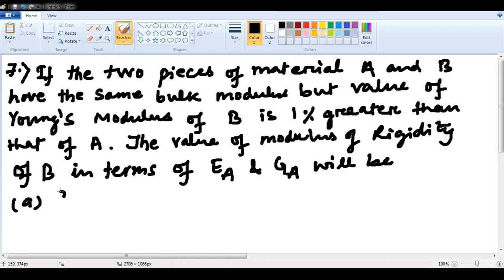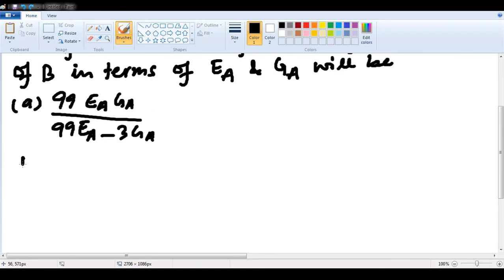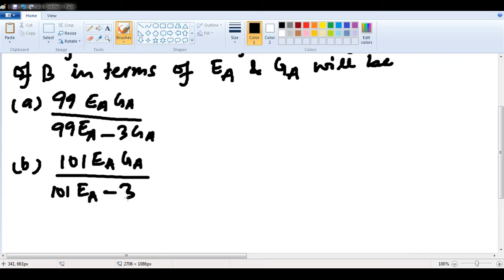So option A is 99 EA GA by 99 EA minus 3 GA. Then option B, I'll go downwise instead of writing left and right, so that I can solve it here itself without breakage. Option B is 101 EA GA by 101 EA minus 3 GA.